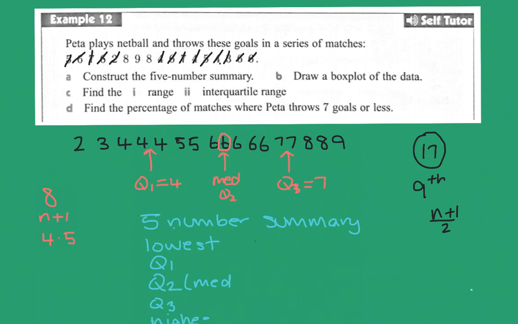So from this data, we have a lowest score of 2, Q1 of 4, Q2 of 6, Q3 of 7, and the highest score of 9.